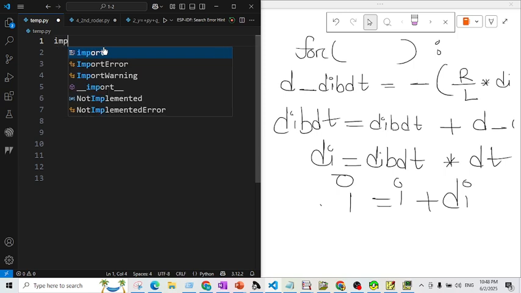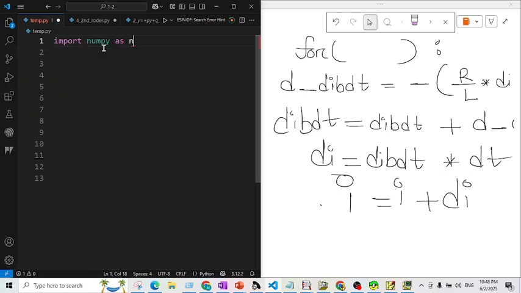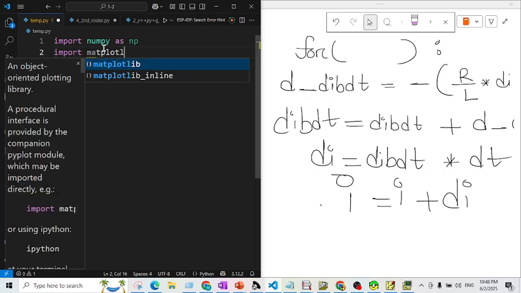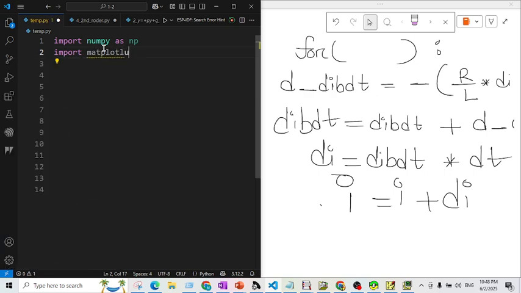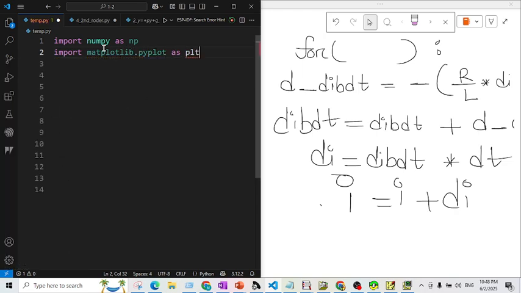So maybe I will need numpy, so let's import numpy as np, and maybe I need to plot, so import matplotlib.pyplot as plt.